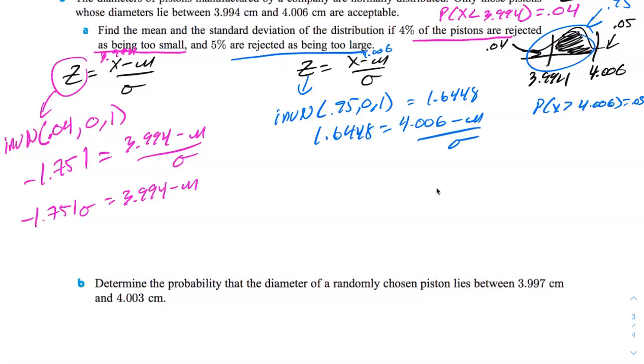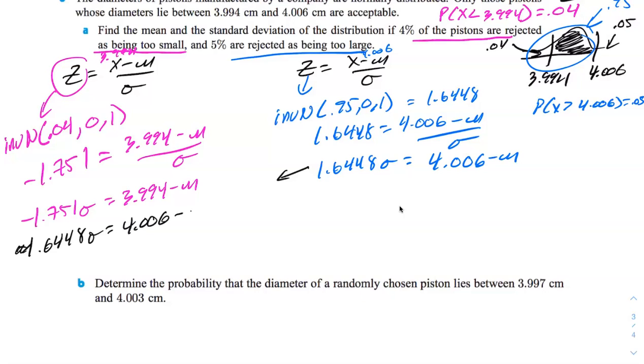Same idea, multiply by sigma, and you get 1.6448 sigma equals 4.006 minus mu. Now I have to solve this. I have to have two equations, so I have to solve it. So 1.6448 sigma equals 4.006 minus mu.